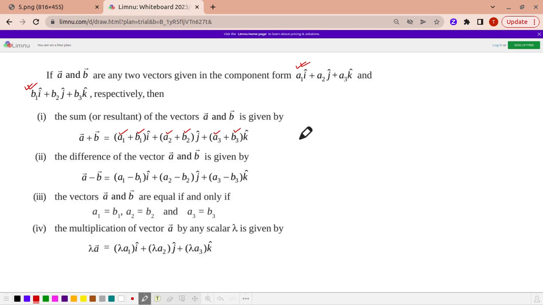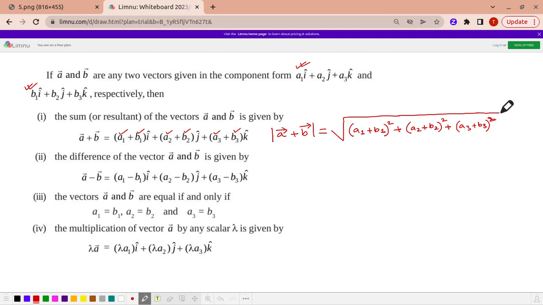It will be equal to the square root of the i component squared, (a1 plus b1) squared, plus the j component squared, (a2 plus b2) squared, plus the k component squared, (a3 plus b3) squared.